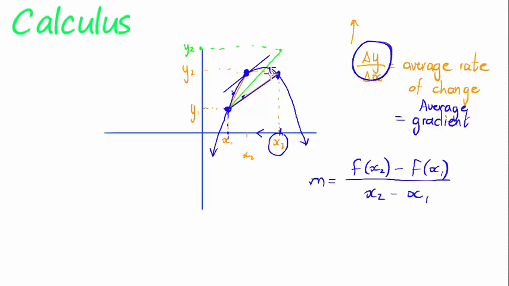And as it's going closer, look what happens to the gradient. I want to know the gradient at that point, let's use pink. I want to know what is the gradient at this point.